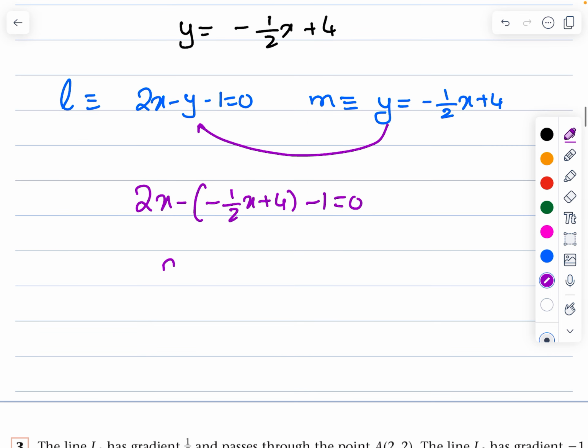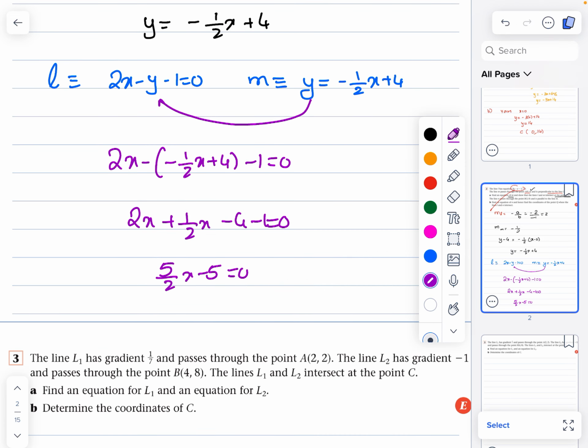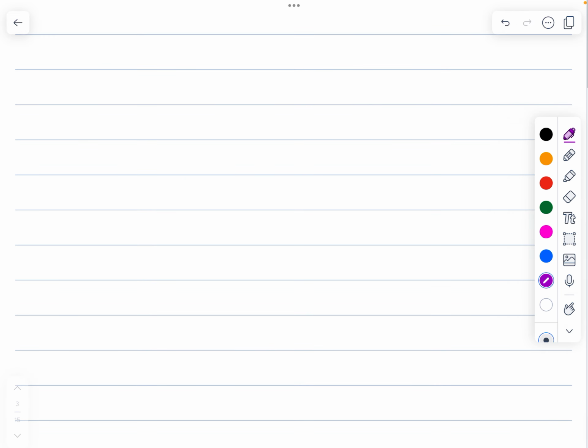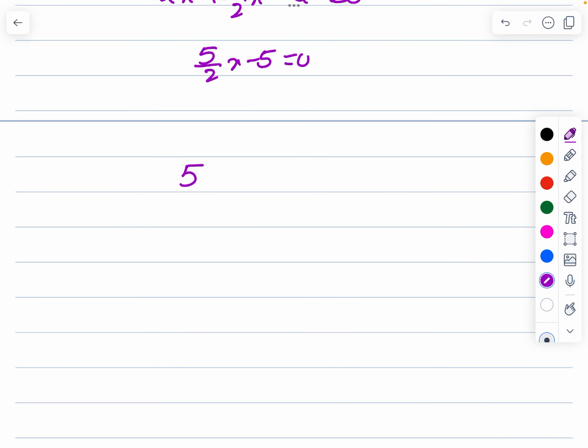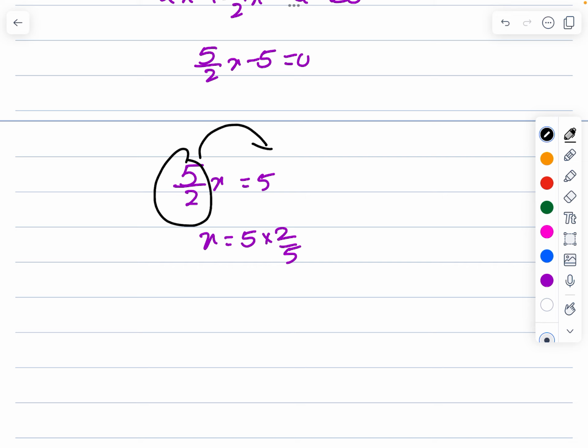So that becomes 2x plus half x minus 4 minus 1 equals 0. So 5 upon 2 x minus 5 equals 0. Then 5 upon 2 x equals 5. x equals 5 times 2 upon 5. When I bring this 5 upon 2 to the other side, it becomes 2 upon 5. 5 gets cancelled, x equals 2.